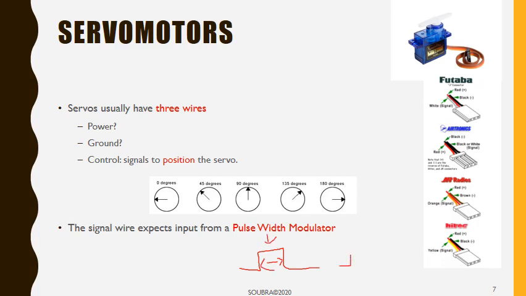It could be a short one or a wide one, and you can imagine that a short one will be interpreted as a small degree, and a large one could be interpreted as a higher degree, or a wider angle.